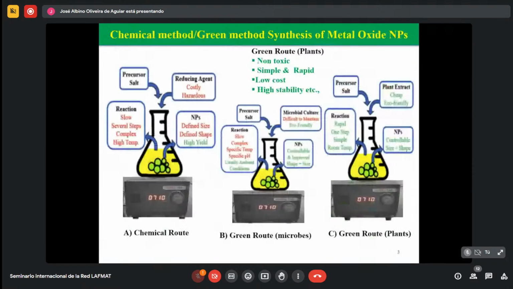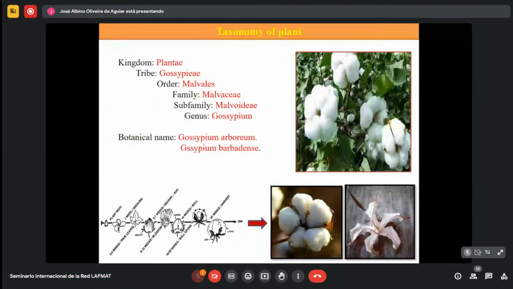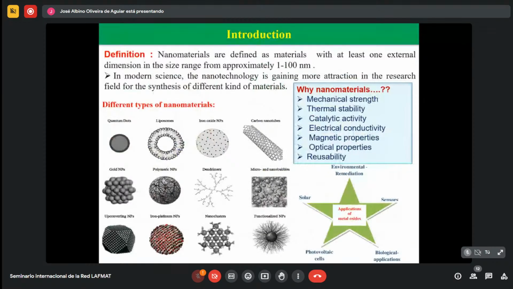Tin oxide nanomaterial is especially used for photocatalysis. It has a band gap of less than 3 electron volts, and that band gap value strongly influences the photocatalytic activity. With smaller size, it is more effective for photocatalytic activity.